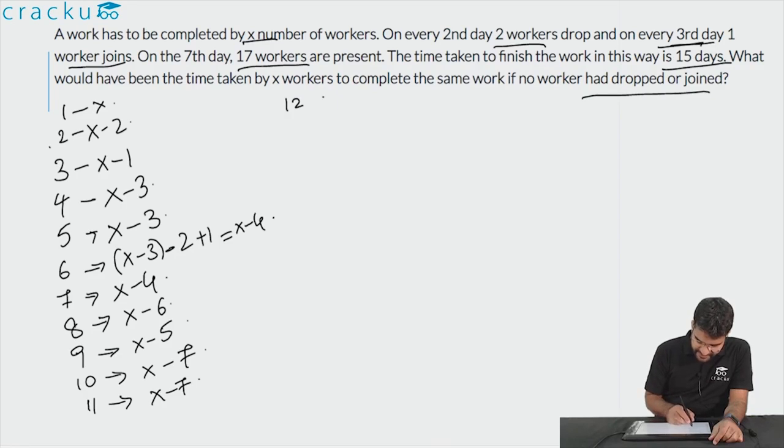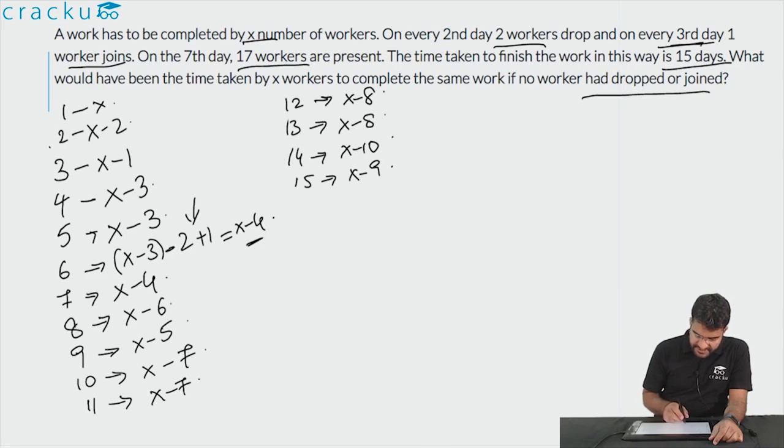For 12, it will be similar to 6. First 2 workers will leave and then 1 worker will join, so it will effectively go down by 1. So on the 12th day, it will become X minus 8. On the 13th day, there will be no change, it will be X minus 8. On the 14th day, it will go down by 2, so it will be X minus 10. And on the 15th day, it will go up by 1, so it will be X minus 9.